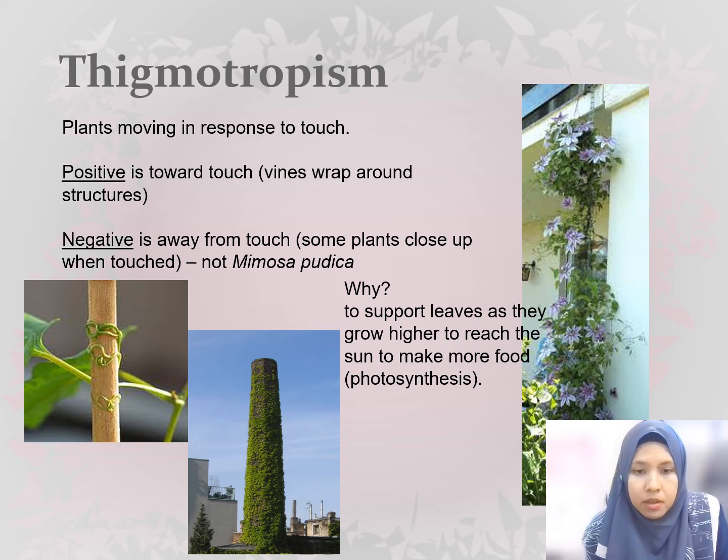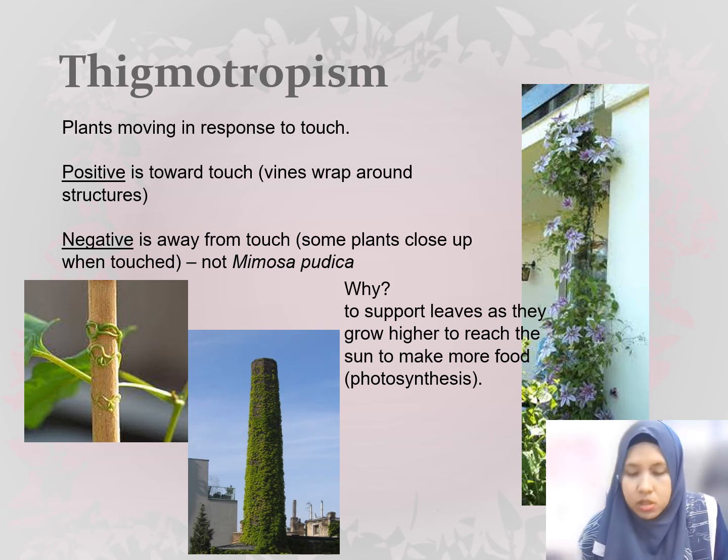But nastic movement in Mimosa pudica, where they close their leaves, is not because of the stimulus, but can be due to changes in their internal conditions, for example changes in turgor pressure, or maybe changes in growth.